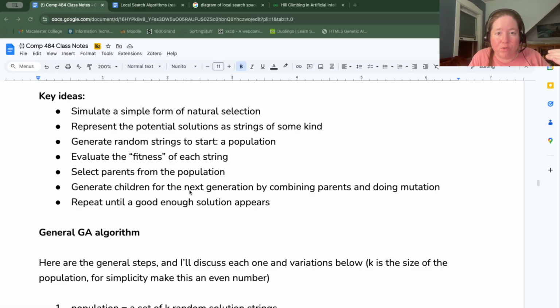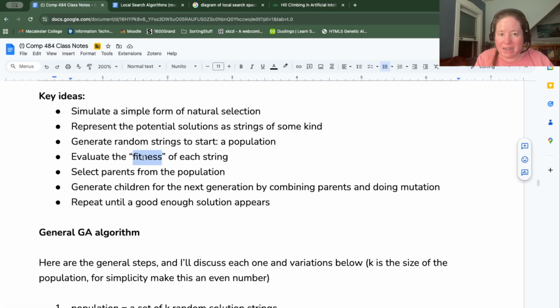Then we're going to create an initial population by generating random strings to start that population. Notice how, if you've seen the beam search video that I did, this is akin to what we're doing in beam search. It's just that we're being a little more specific about how a state is represented in this case. The next step is to evaluate the fitness of each string. This is that objective function, evaluation function, fitness function.